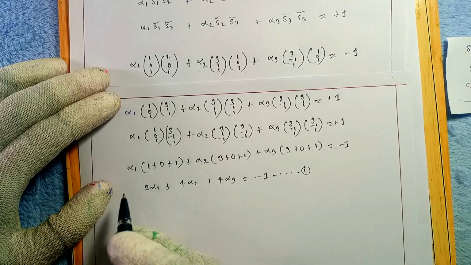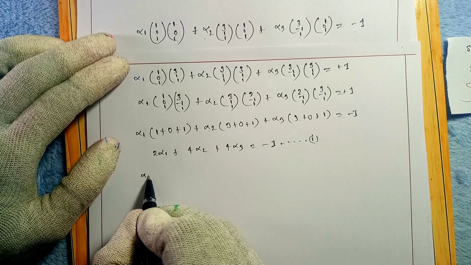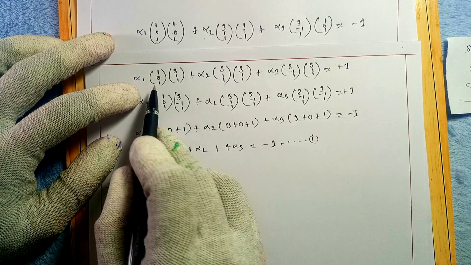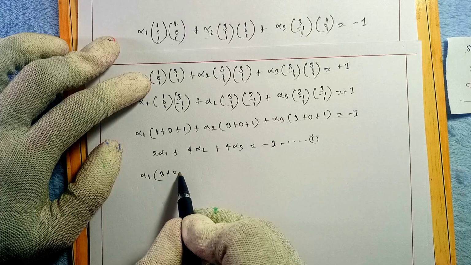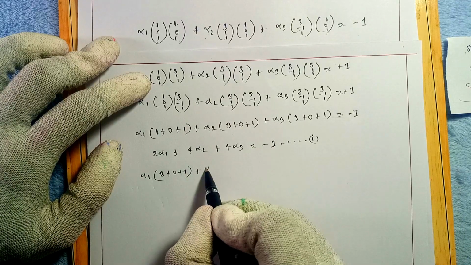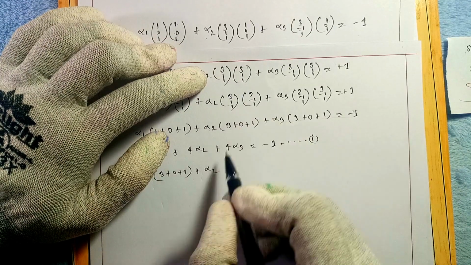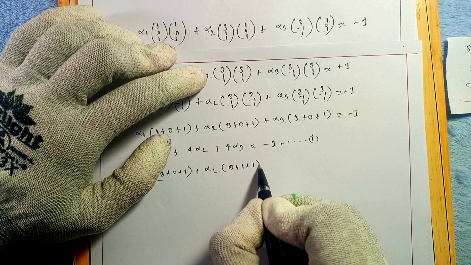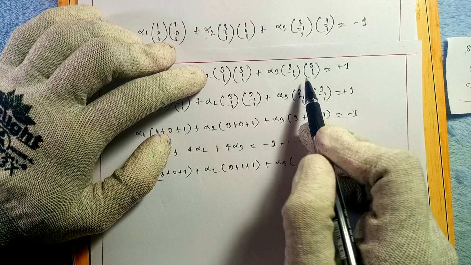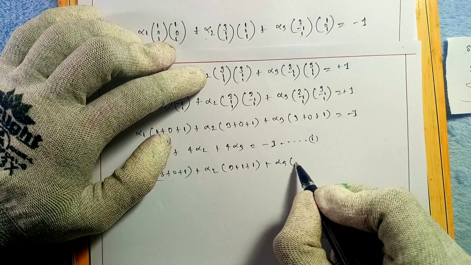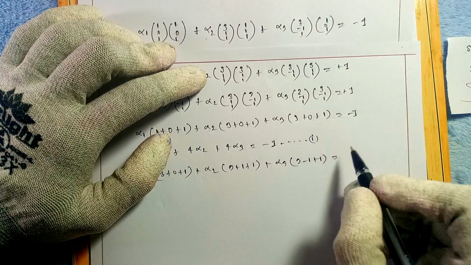Okay, now we have to find the value for this line. So alpha 1 bracket this one: 3 into 1 is 3 plus 0 plus 1, plus alpha 2, this is 9 plus 1 plus 1, plus alpha 3: 9 minus 1 plus 1, that is 9 minus 1 plus 1, equal to plus 1.